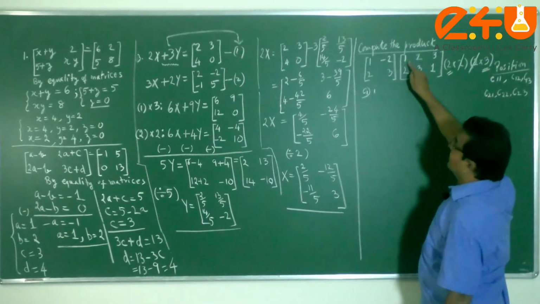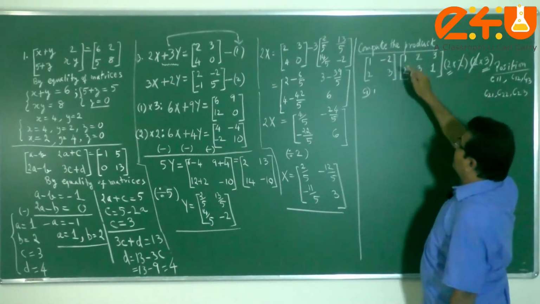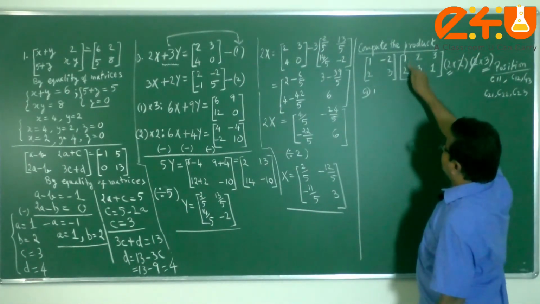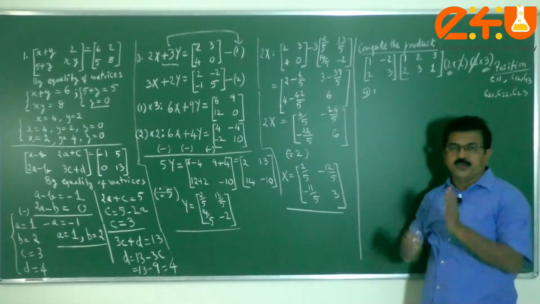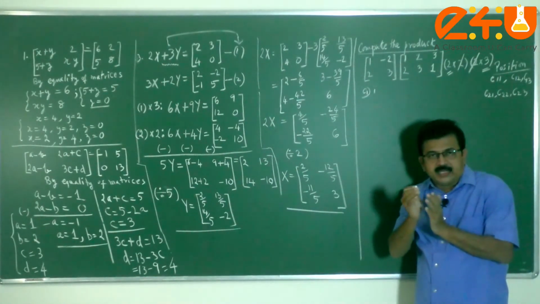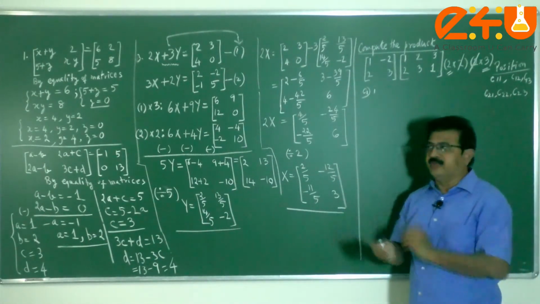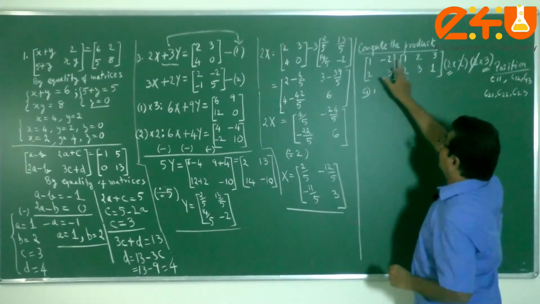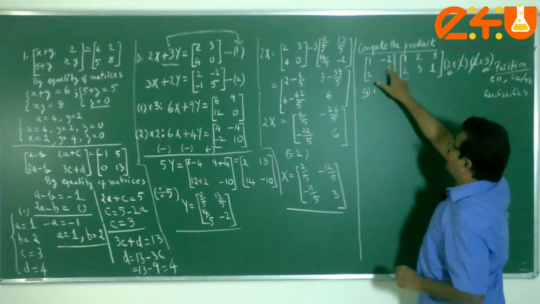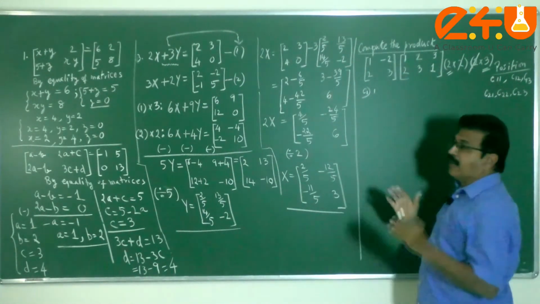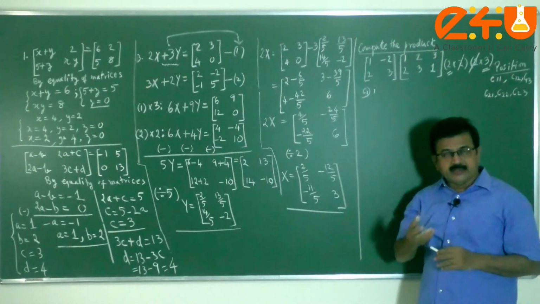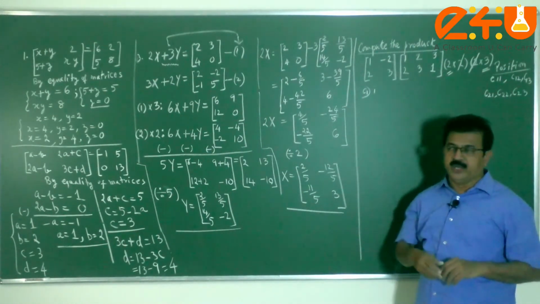And in column 1 of the second matrix, your attention is focused on 1 and 2. So first of all be prepared mentally to multiply the correct pair of elements: 1 paired with 1, minus 2 paired with 2. Complete it, add it, that is the result of C11.